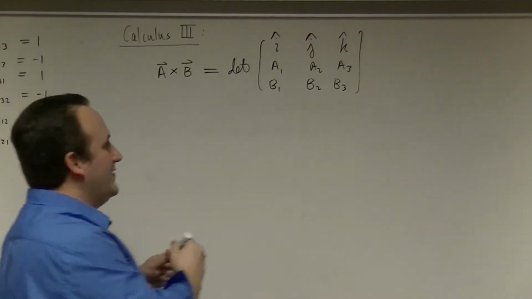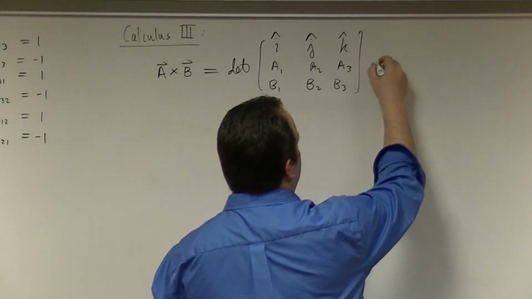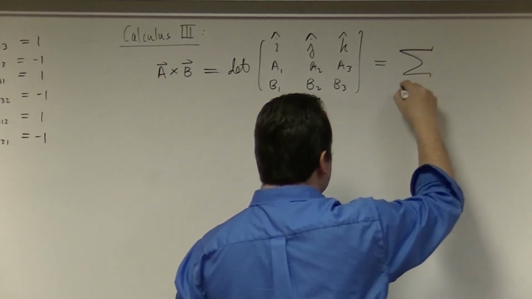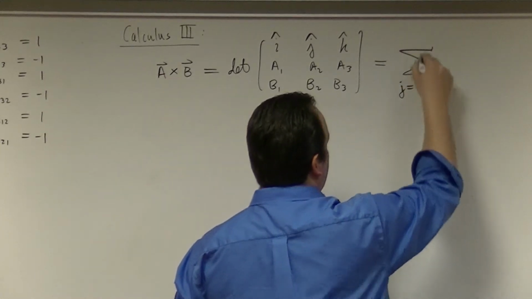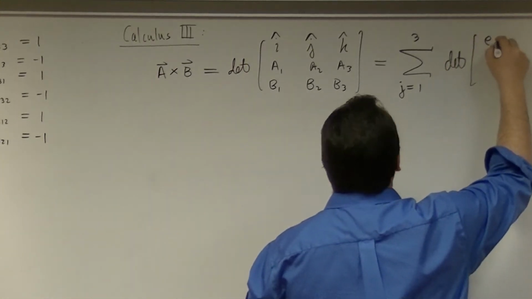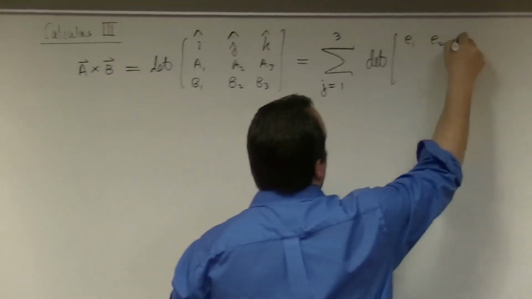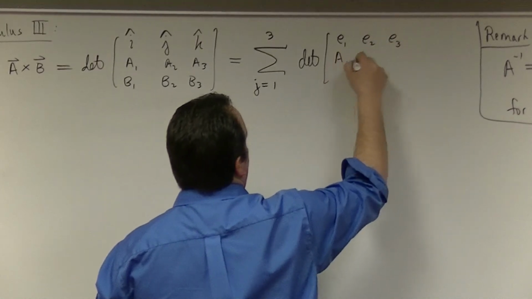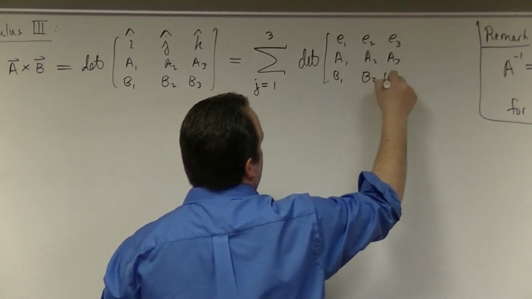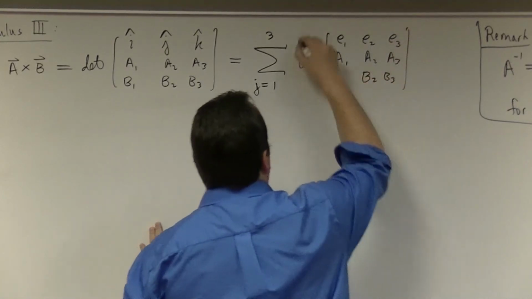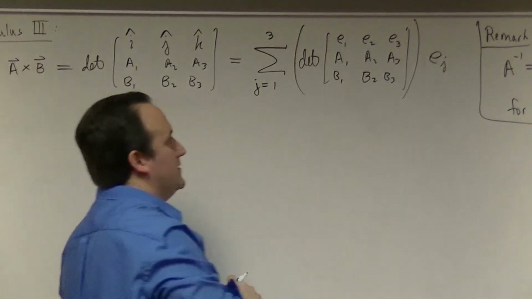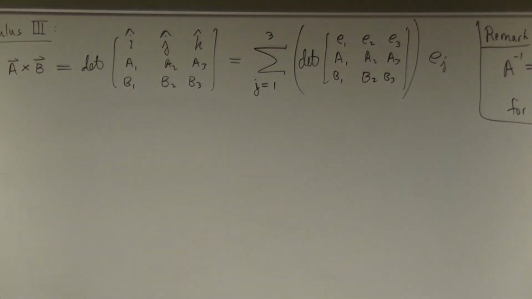In the homework, I replaced this with a more careful formula. I say what they really mean by this is the sum, j equals 1 to 3, of the determinant of E1, E2, E3, A1, A2, A3, B1, B2, B3, and then you put that with EJ. That's just the matrix version.